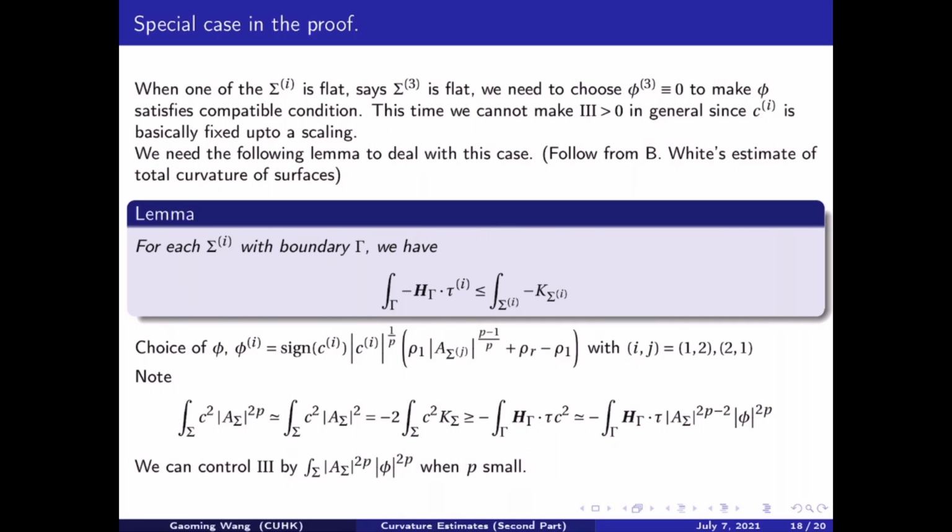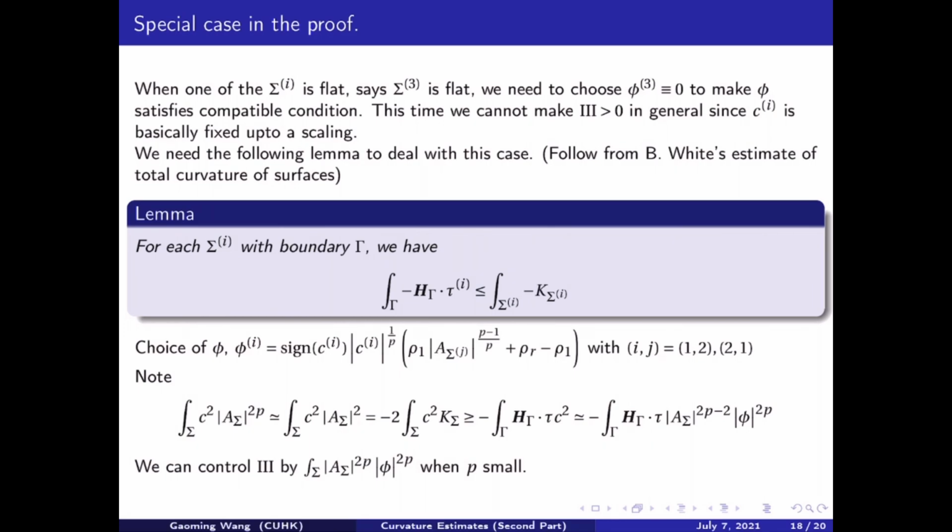Any plane is stable, so you do not want to move it since it will always put back terms in the second variation. In this case, you have no choice of C3 but 0. So basically, C1 and C2 are all fixed up to a scaling. So we cannot adjust the sign of the third term by choosing suitable C.